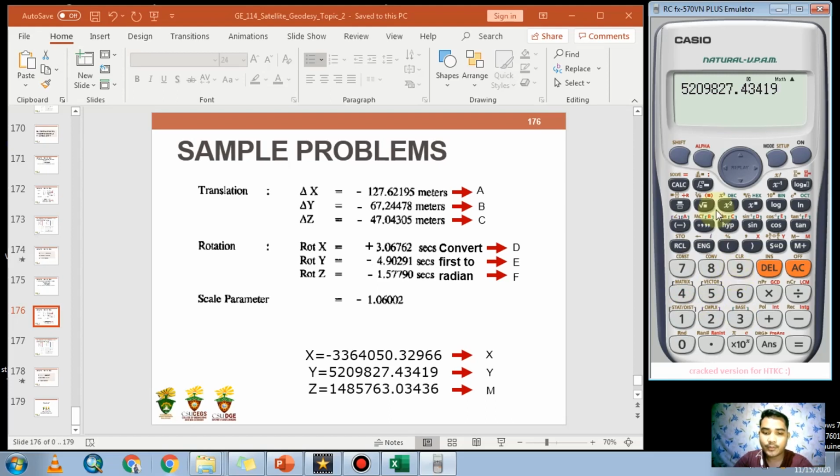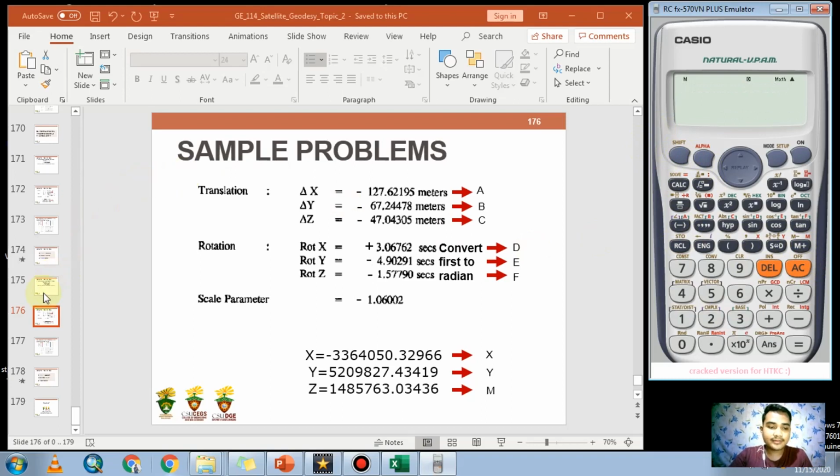Store in Y. Lastly, for Z, 1485763.03436. Store in memory M. So, we're good. Let's go back to the formula.